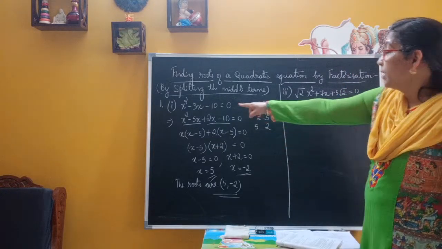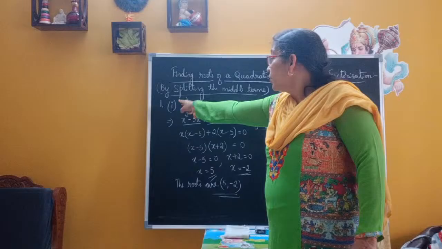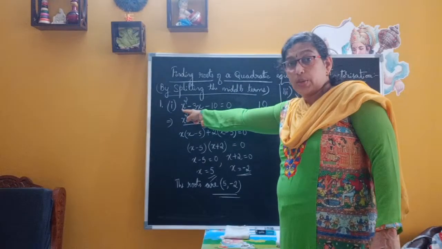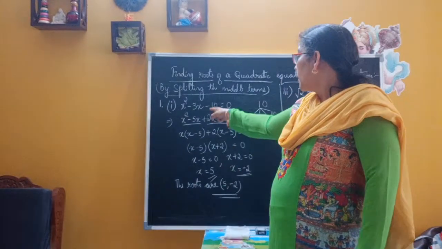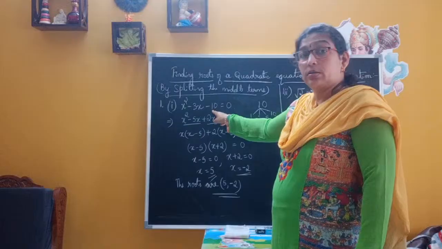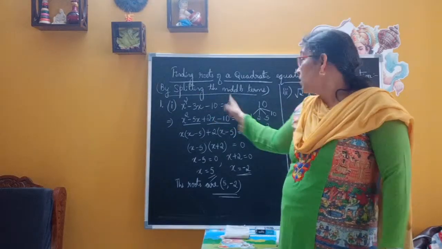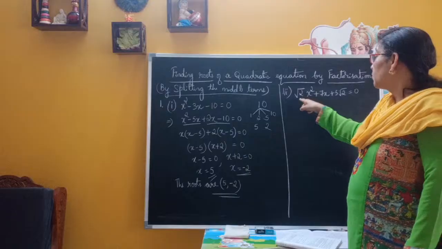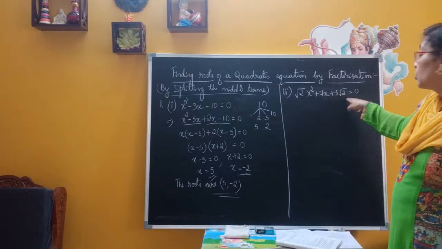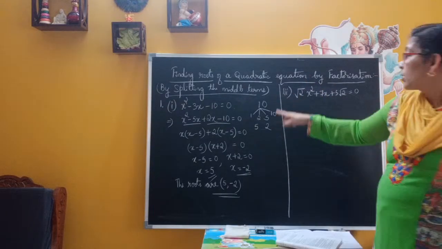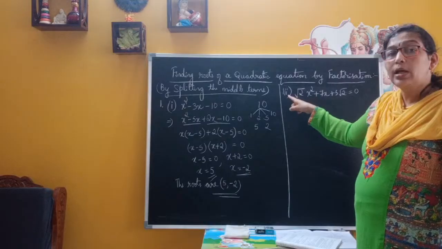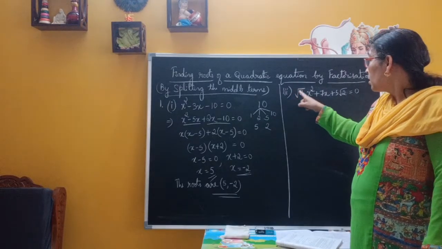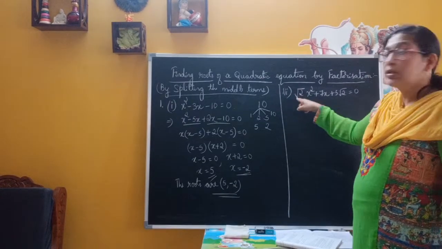See here, in the previous problem the coefficient is 1. It is 1x square, so you directly take the constant 10 as the product, because 10 ones are 10. Here we have the coefficient of x square, that is root 2. Whenever the coefficient of x square is more than or less than 1, we have to consider that also.